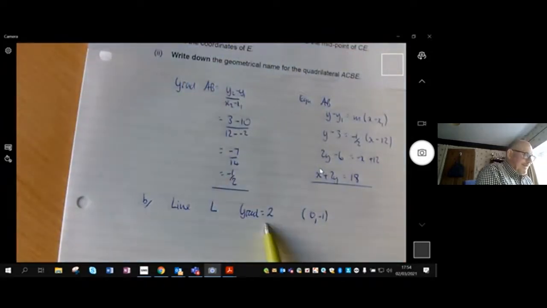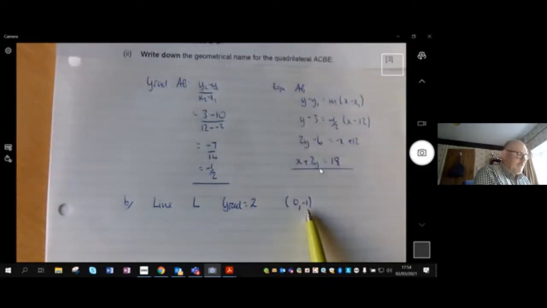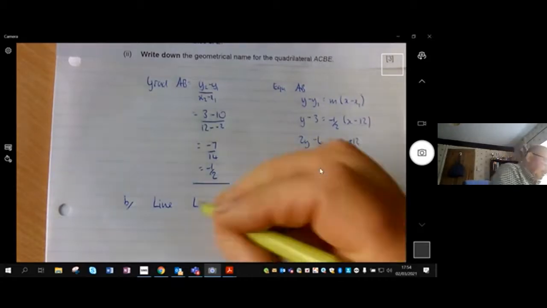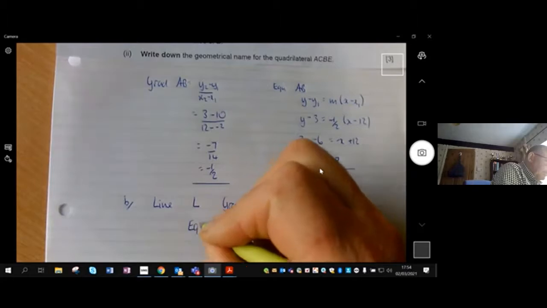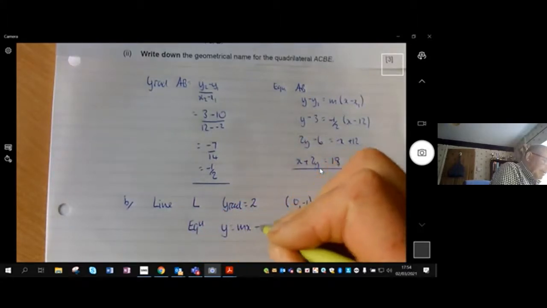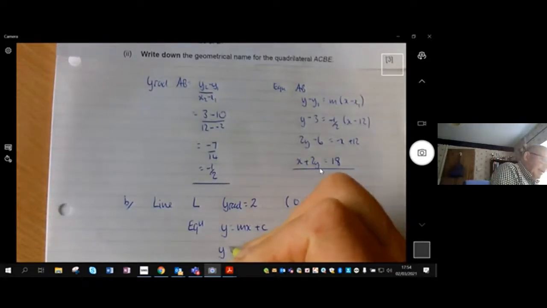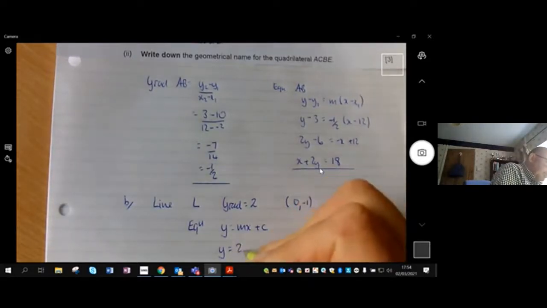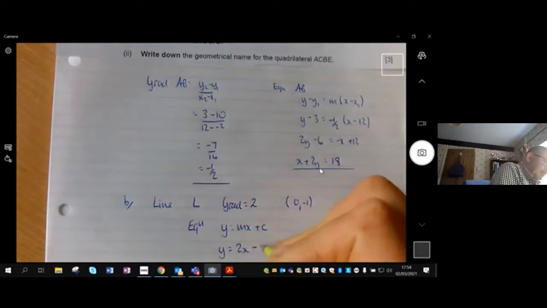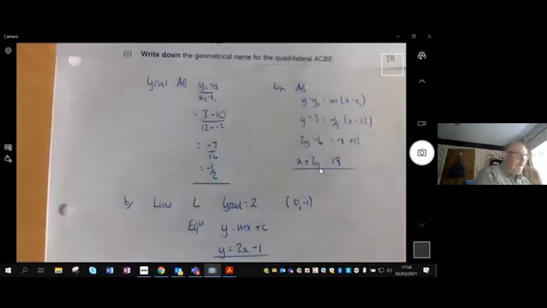We've got the gradient, and we could use y minus y1 equals m(x minus x1), but that is the y-intercept. So the equation of L, y equals mx plus c, y equals 2x minus 1.